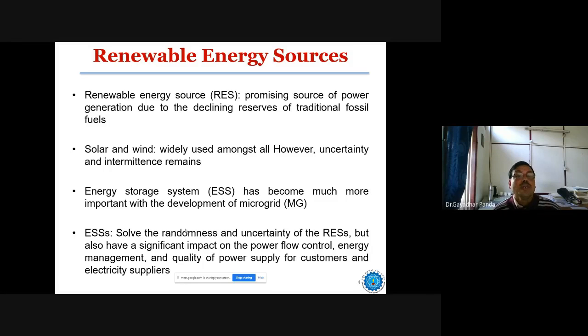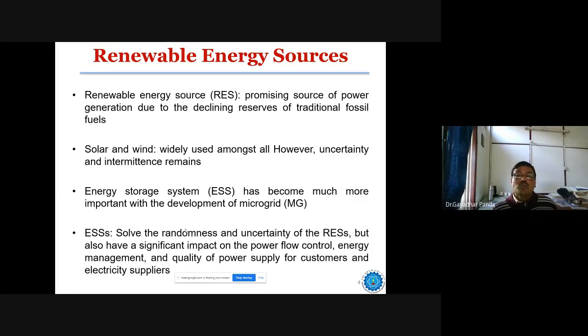We have to maintain the environment by reducing the greenhouse effects of these traditional power systems. Then mainly, if you see at present, solar and wind are mainly the renewable sources for power generation, because this is plentifully available, still it is intermittent in nature depending on the climatic conditions and environmental issues.